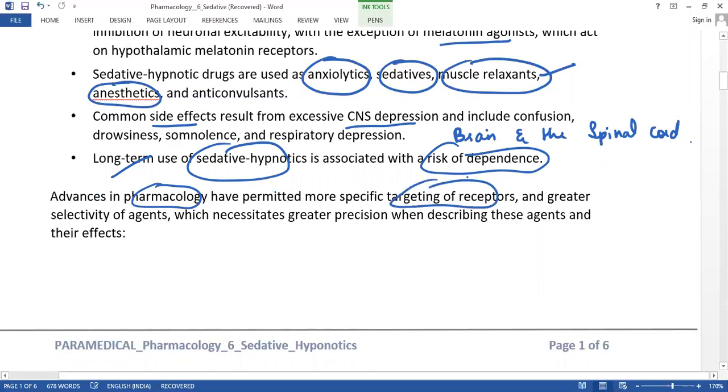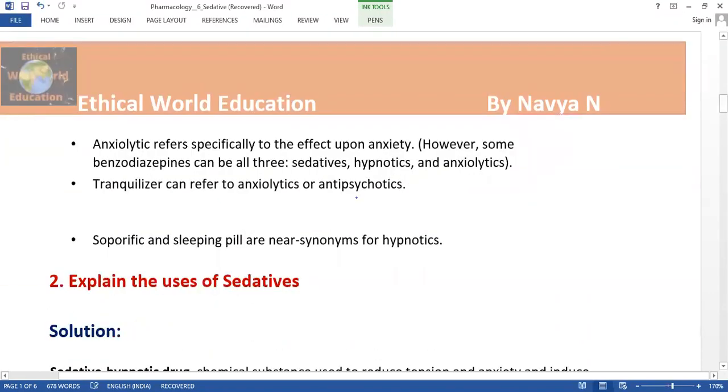Under pharmacology, this has permitted more specific targeting of the receptors, and greater selectivity of the agents is necessary for greater precision when describing these agents and their effects. One of the effects is anxiolytic, which refers to the effect on anxiety.